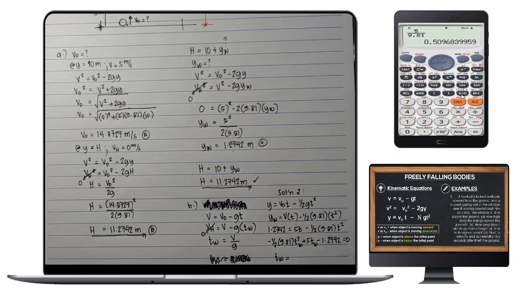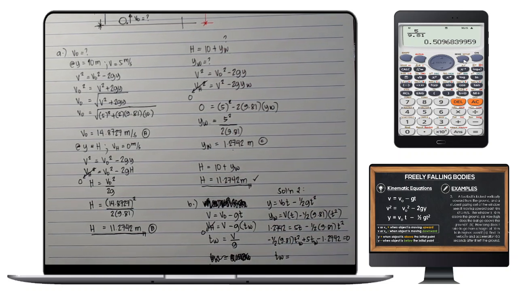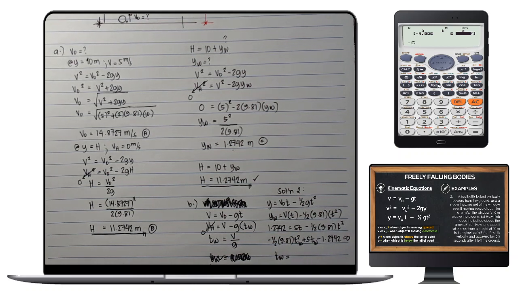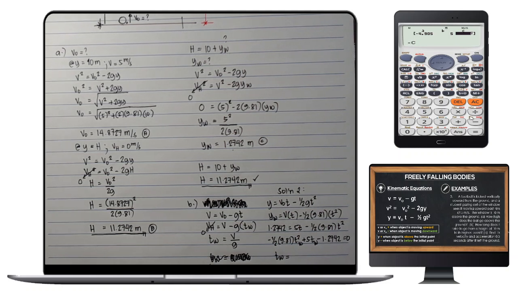So, quadratic tayo, mode 5, 3. So that is negative 0.5 times 9.81 para sa t sub w square, then plus 5t, then negative. Yung 1.2742 natin ay nakastore sa C. Equals. So, yan yung value ng ating x.